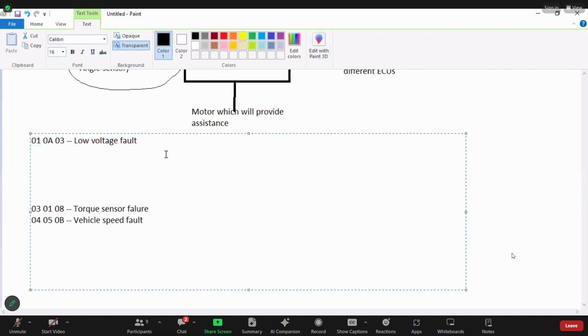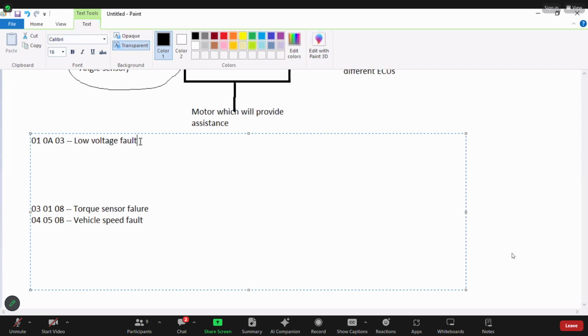Whenever a DTC is stored, this DTC will be stored when the low voltage fault condition was detected by the ECU and this fault condition matured. Got it? When will this DTC information be stored in the memory? When the ECU detects a fault condition. And also understand when that fault is matured: for a certain time duration, that fault should be there.